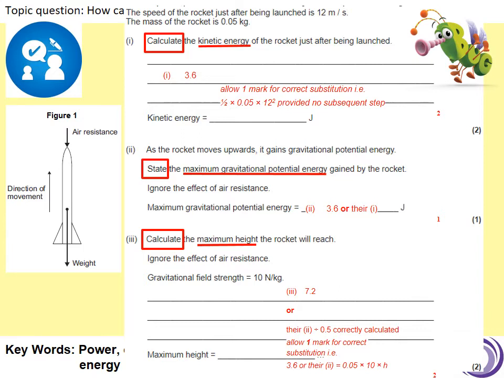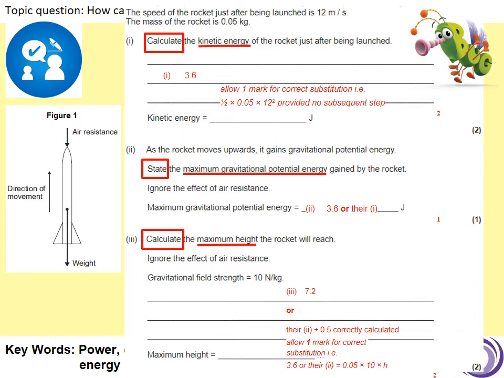And then part 3, you have to use your gravitational potential energy equation for this one. So gravitational potential energy is equal to your mass times your gravitational field strength times your height. You would have to substitute your numbers in correctly and then rearrange to find your height. Right at the bottom there, it tells you what your substitution would have been.